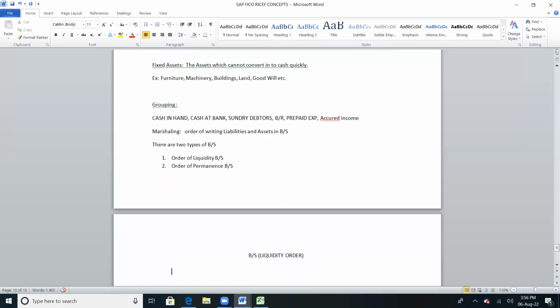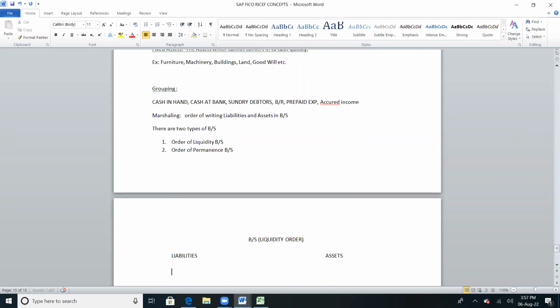So on the liability side, under liabilities, the first heading would be current liabilities, the most urgent payment. On the right side, current assets.